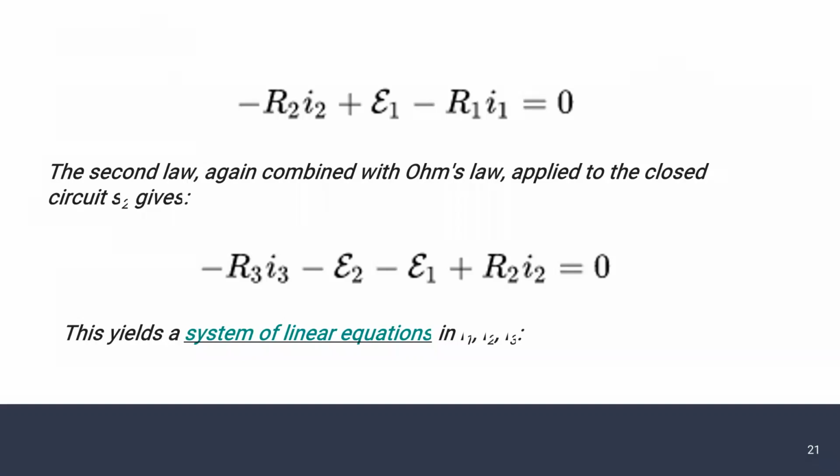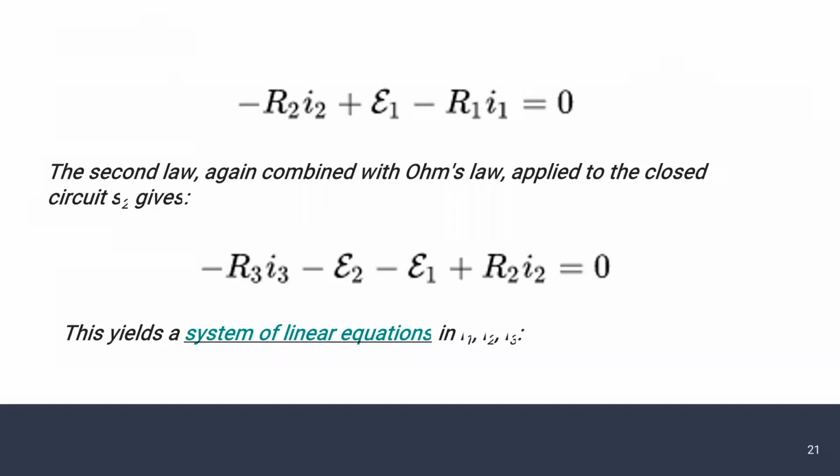The second law, again combined with Ohm's law, applied to the closed circuit S2 gives minus R3 I3 minus E2 minus E1 plus R2 I2 equals 0.